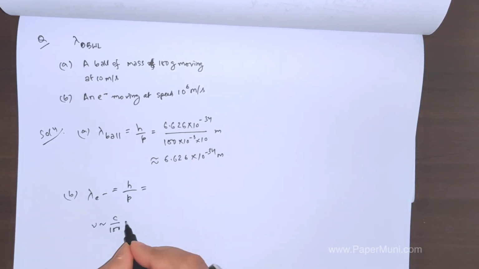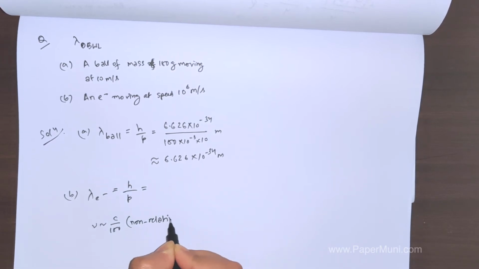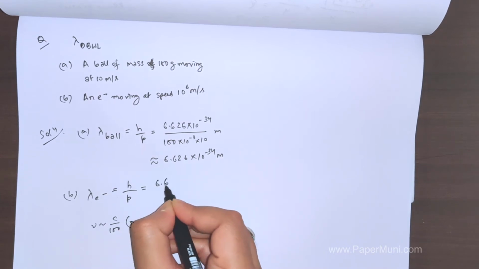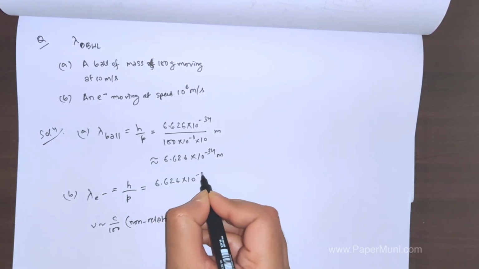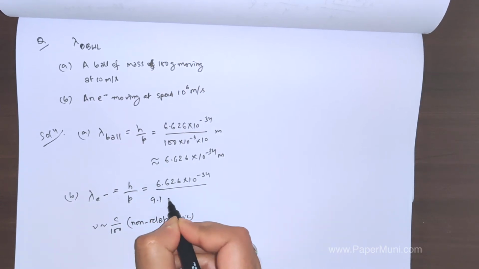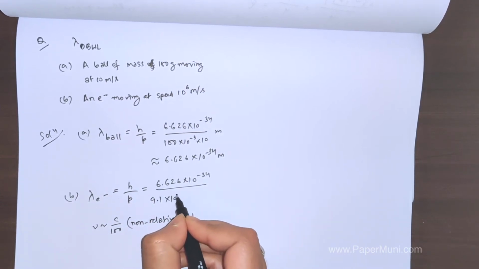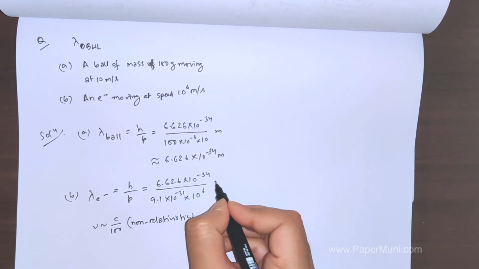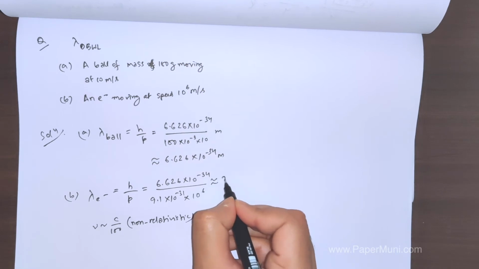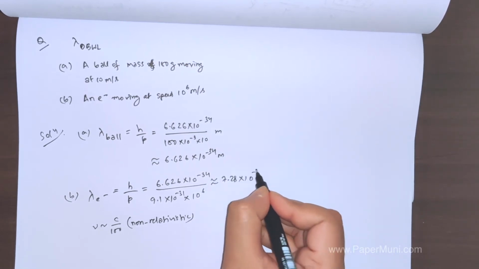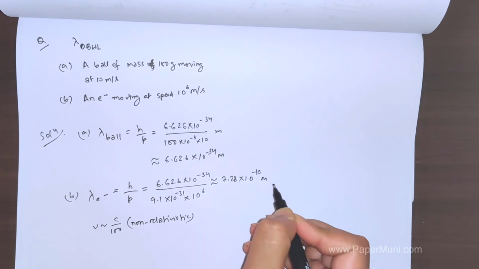So this is 6.626 times 10 to the power minus 34, divided by the mass into velocity, so 9.1 times 10 to the power minus 31 into 10 to the power 6. This gives you approximately 7.28 times 10 to the power minus 10 meter.